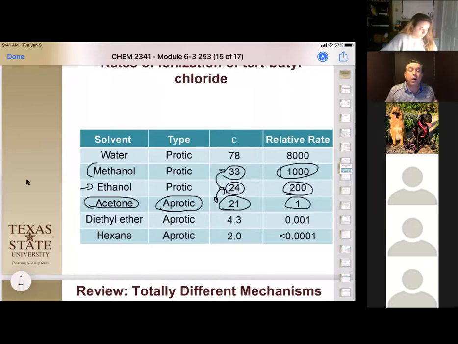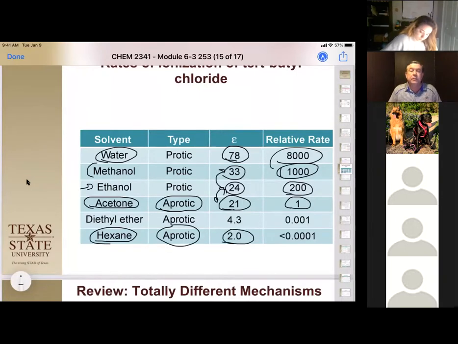If we go to water, which is the most polar of this, and it can hydrogen bond on both sides, it increases the relative rate to 8,000 times. Okay. So what if we went the other way? Let's go to something that's non-polar and aprotic. Well, the relative rate is less than 1/10 of 1%. The effect of the reaction in hexane is almost negligible.